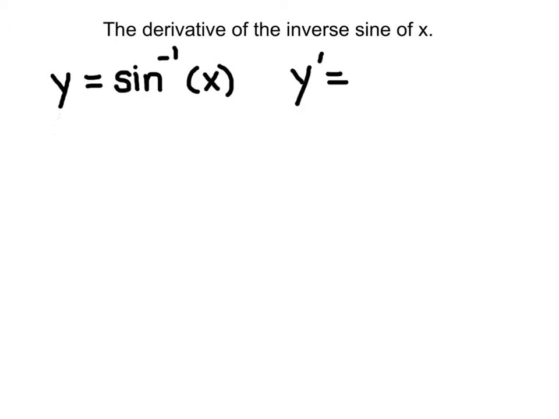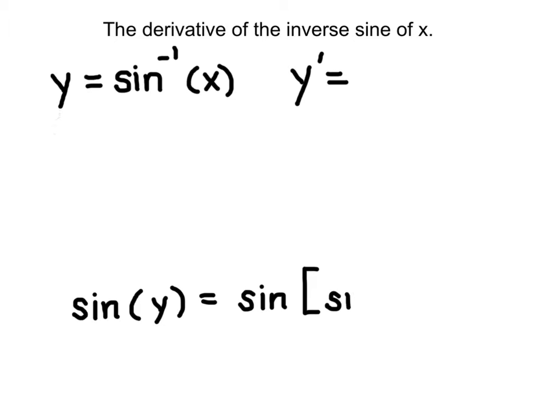Okay, so what we want to do is start by taking the sine of the left and the right-hand side of this equation, keeping it balanced. So I'm going to take the sine of the left-hand side, which is the sine of y, and then the sine of the right-hand side, which is the sine of the inverse sine of x.